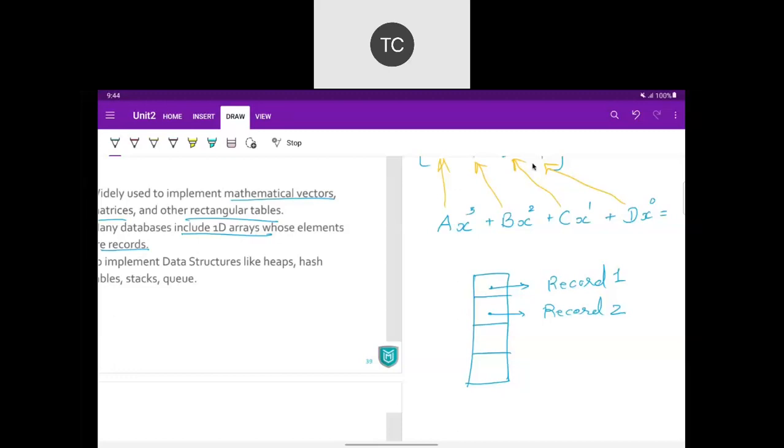When I say a student record, student will consist of enrollment number, roll number, name, phone number, address, marks, SPI, CPI. We can have a structure for that. And then what we can do is we store the address of that structure in the array. Then all the elements in that array will be addresses.